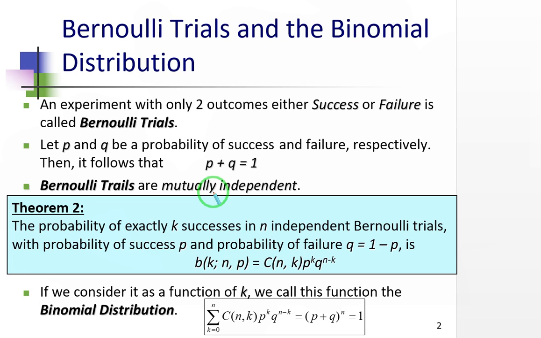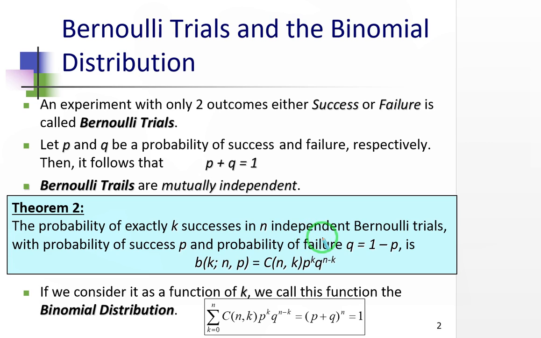Then theorem 2, the probability of exactly k successes. How many successes? K successes. It can be 1, 2, 3, 4, 5, 6. So the probability of exactly k successes in independent Bernoulli trials.